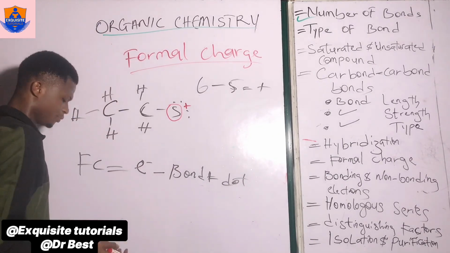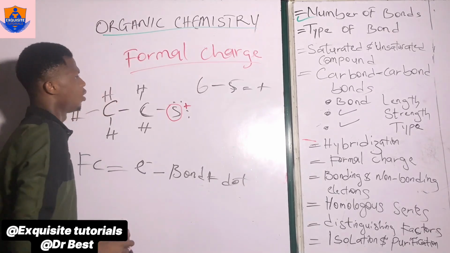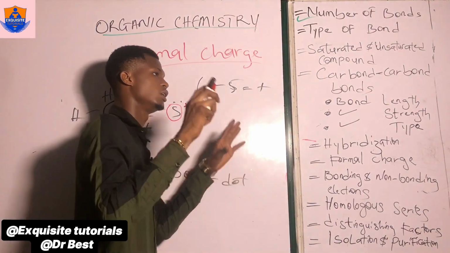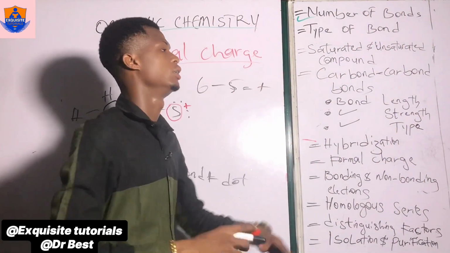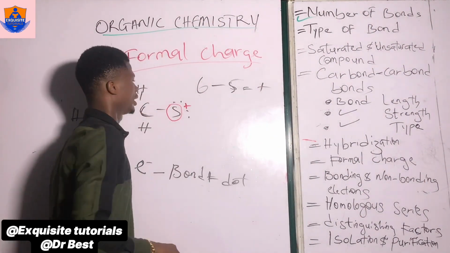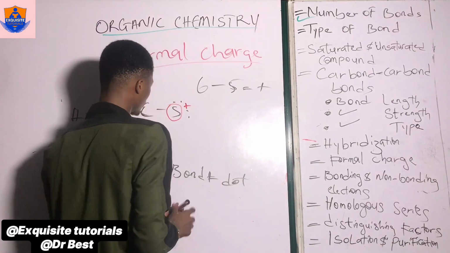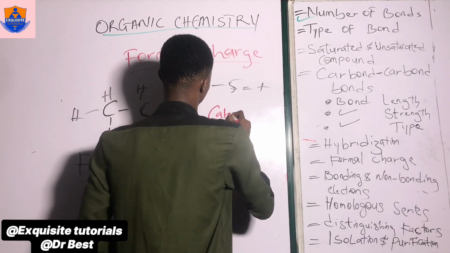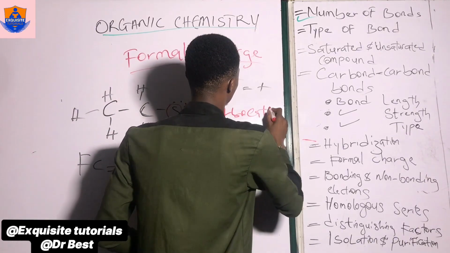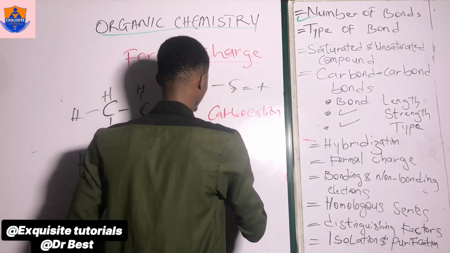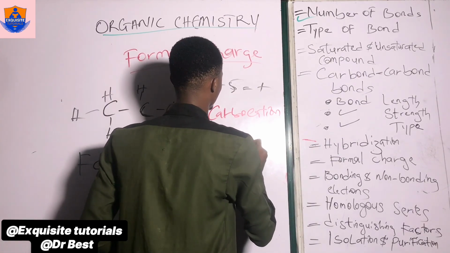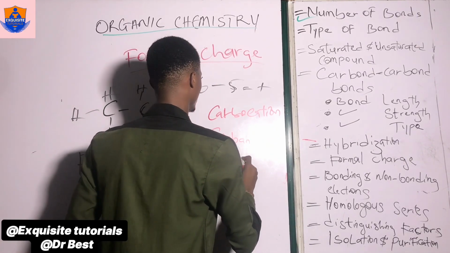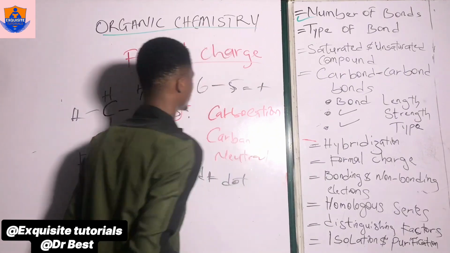Now let's say, for example, we have what we call a carbocation, a carbanion, and a radical or a neutral carbon. Let me write them out. Carbocation, carbanion, and a neutral carbon.